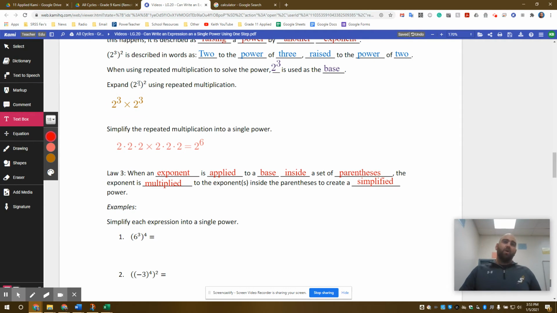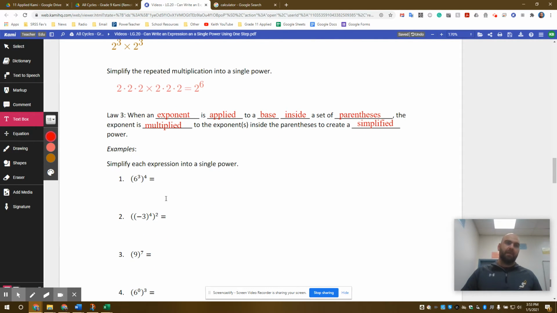You'll notice here, when we have 2 cubed raised to the power 2, 3 times 2 is 6. That's not just by chance, that is in fact the way that it works.